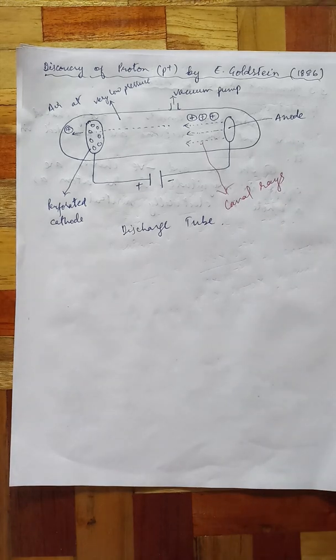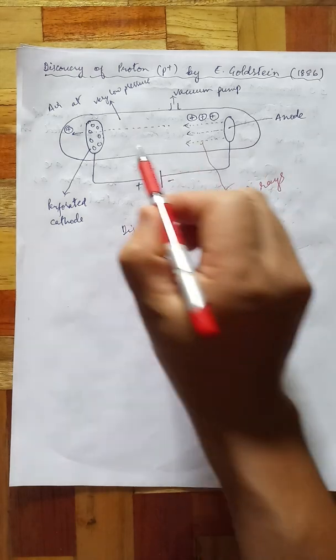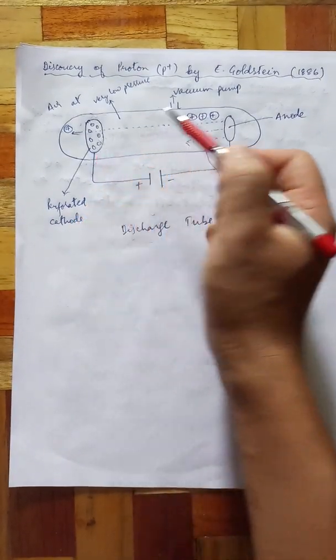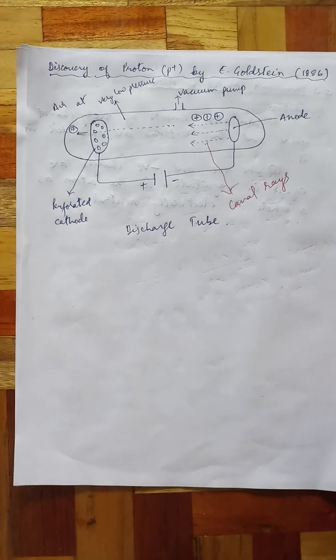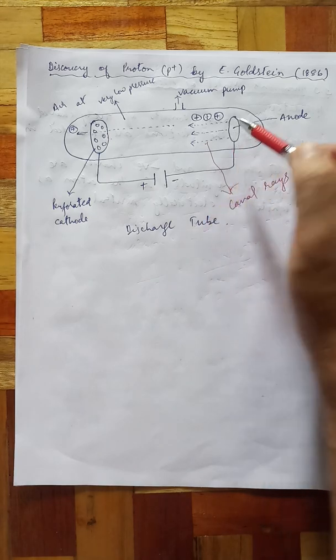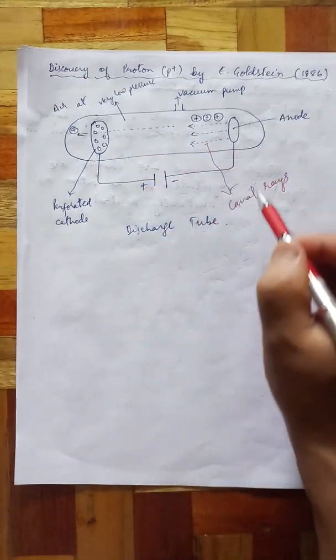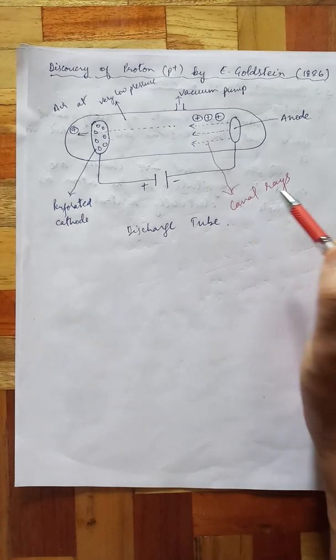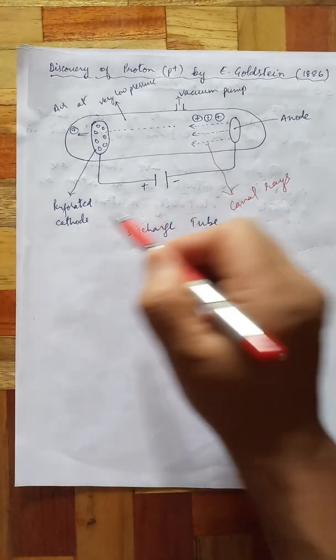In Thomson's experiment, the rays emitted from the cathode he termed cathode rays, while in Goldstein's experiment, the rays emitted from the anode towards the cathode he termed canal rays, because these rays pass through the holes of the cathode.